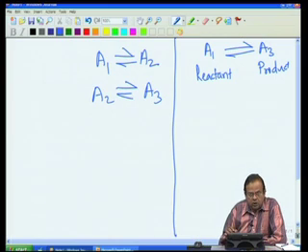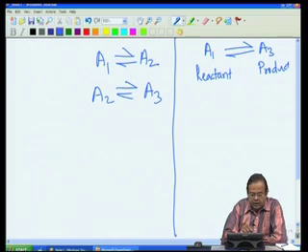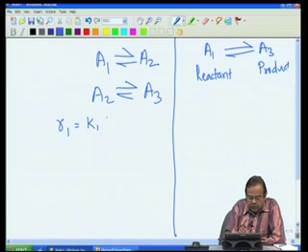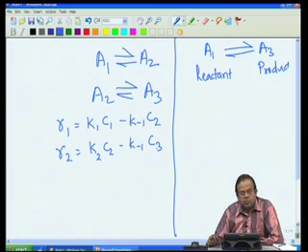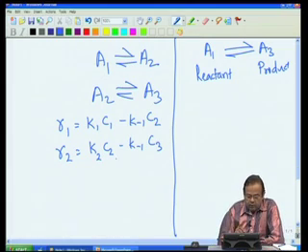So, to do this, what I am going to do is that I have my R1 as K1 C1 minus K minus 1 C2, same thing as before, and R2 as K2 C2 minus K minus 2 C3. So, now what I will say is that my reaction A2 to A3 goes to equilibrium much faster.